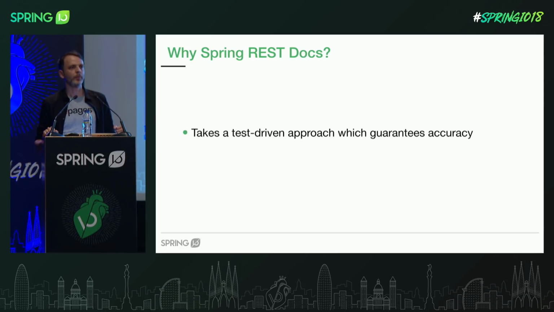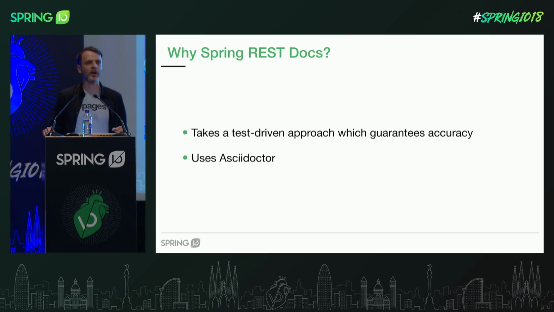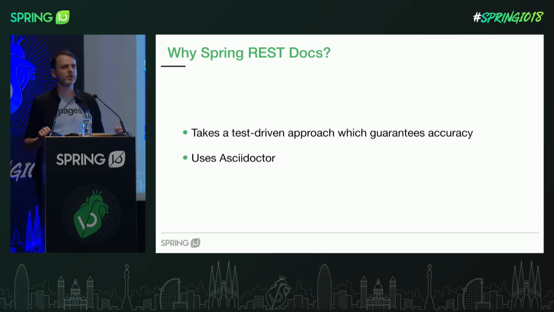So from this experience, we really liked the approach that Spring REST Docs takes, this test-driven approach where you can emit certain parts of your documentation generated in tests, and then you write handwritten documentation with Asciidoctor, which is quite a nice markup language that's easy to write. So that's the approach that Spring REST Docs takes: handwritten documentation that can use generated parts that come from the tests.